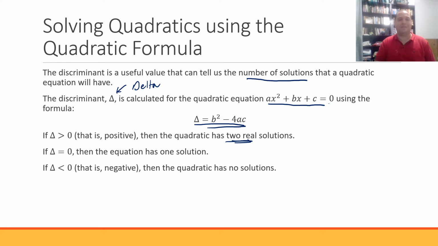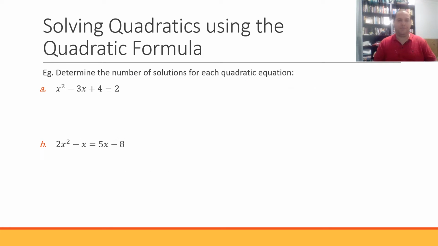And finally, if delta is less than 0, that is, if delta is negative, then the quadratic has no solutions, or no real solutions to be more accurate. So if delta is positive, two solutions. If the discriminant is 0, one solution. If the discriminant delta is negative, no solutions.